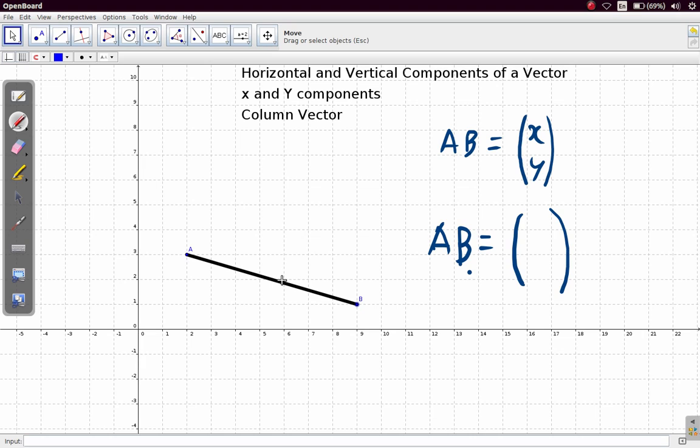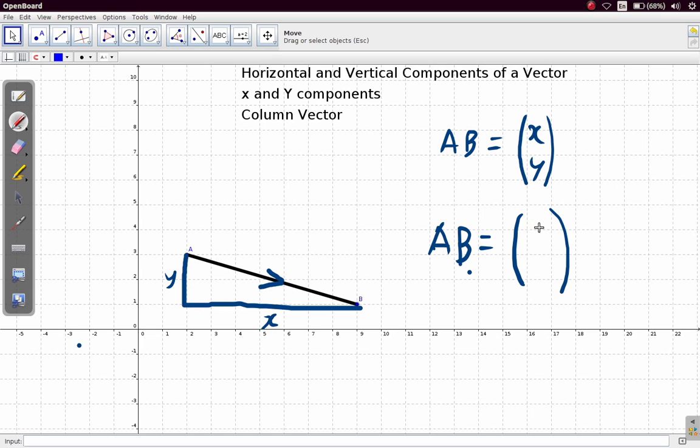Now moving from A to B, say I move this way, I'll have to move 2 down and how much across? 1, 2, 3, 4, 5, 6, 7 across. So the x component is 7 and the y component is 2 downwards.